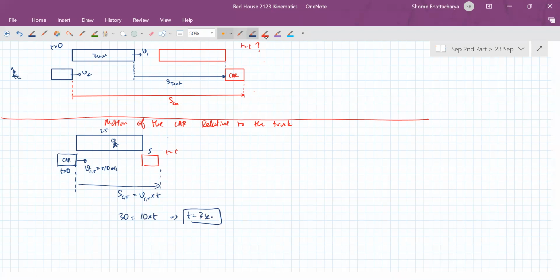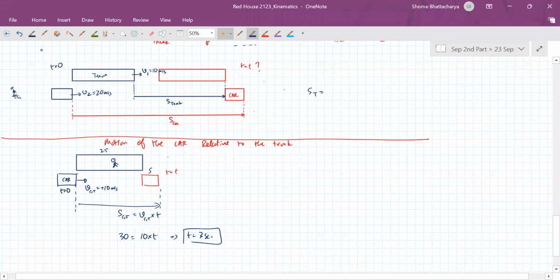Whereas if you understand here, what is happening is that the displacement of the car, this is 20 meters per second. This is 10 meters per second of the truck in the ground frame. This is the motion in ground frame. So the displacement of the truck is velocity of the truck into time. So that is 10t.